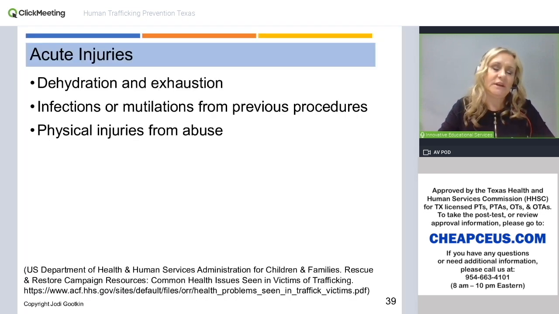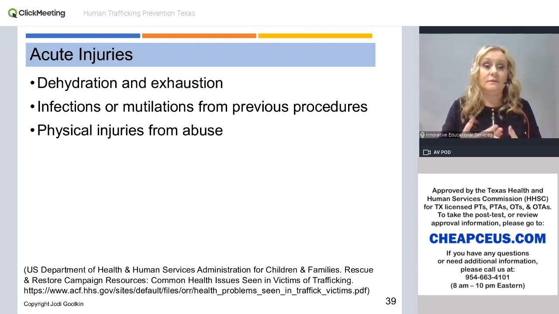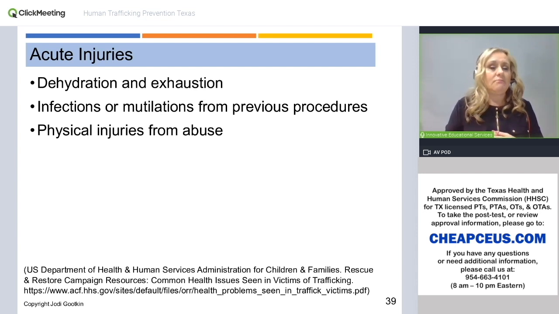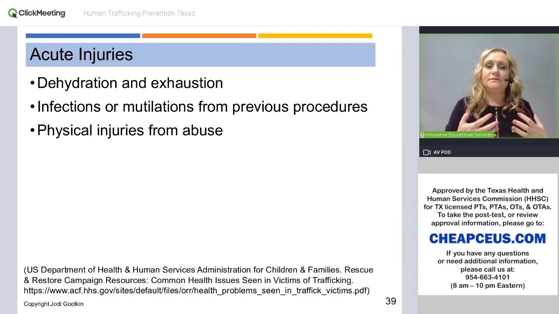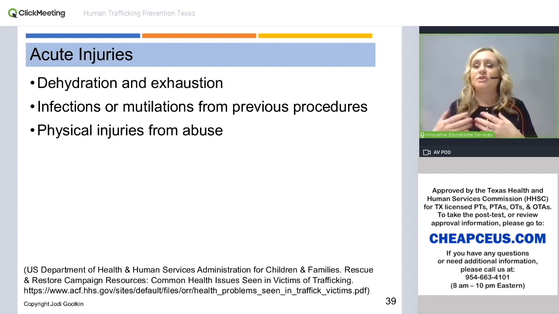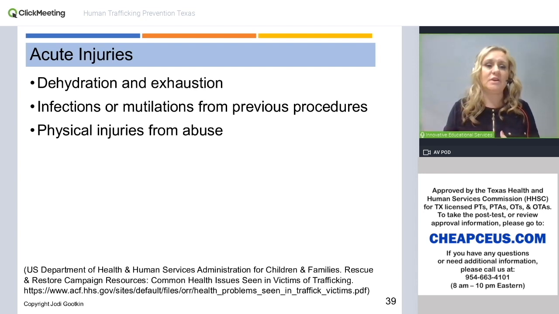Acute injuries that an individual may sustain can be the result of the physical abuse that they are enduring, as well as the work circumstances that they have to endure. It might be extremes of heat, temperature that is causing excessive exhaustion and dehydration, or just the hours that they are having to work.